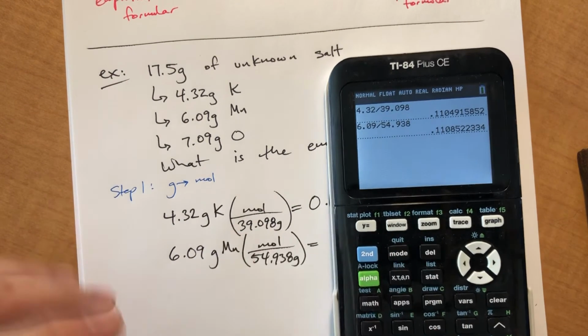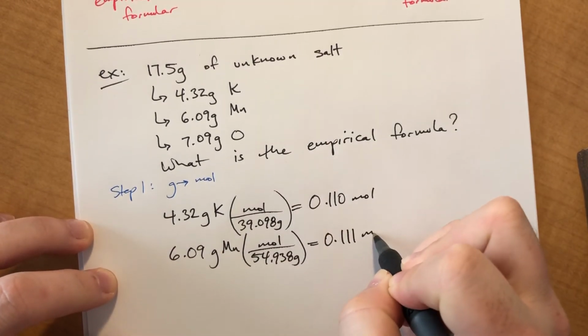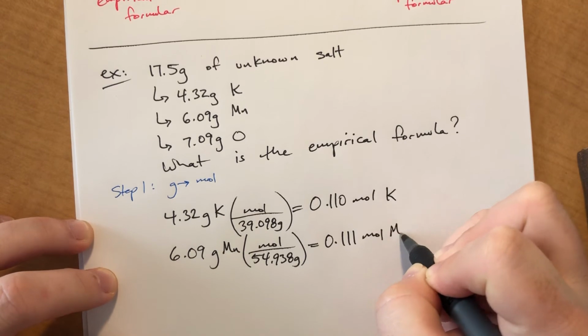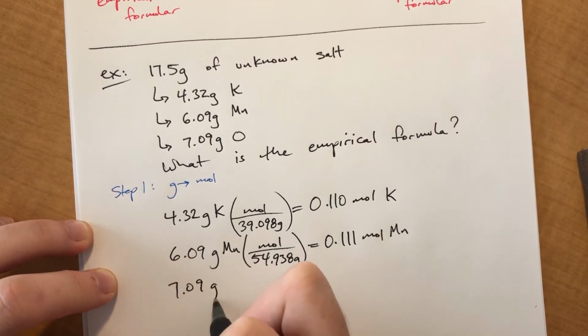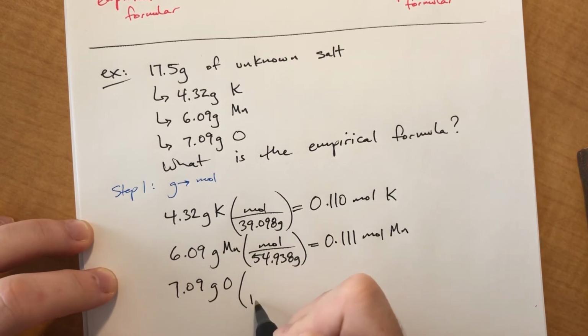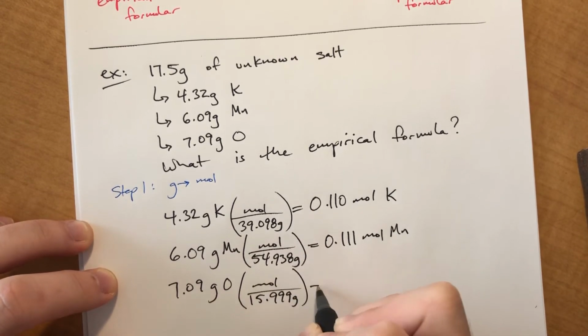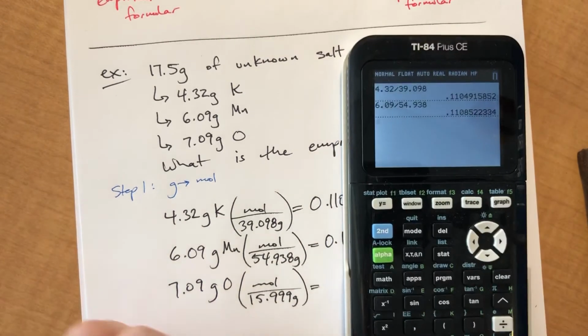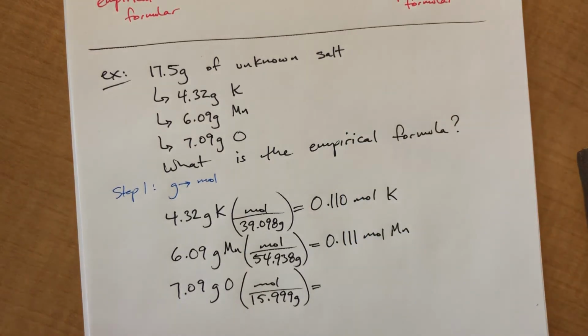That would round up slightly, but they're really similar numbers, obviously. And then we do the same thing for oxygen, which is 15.999 grams per mole. 7.09 divided by 15.999, and I got 0.443.